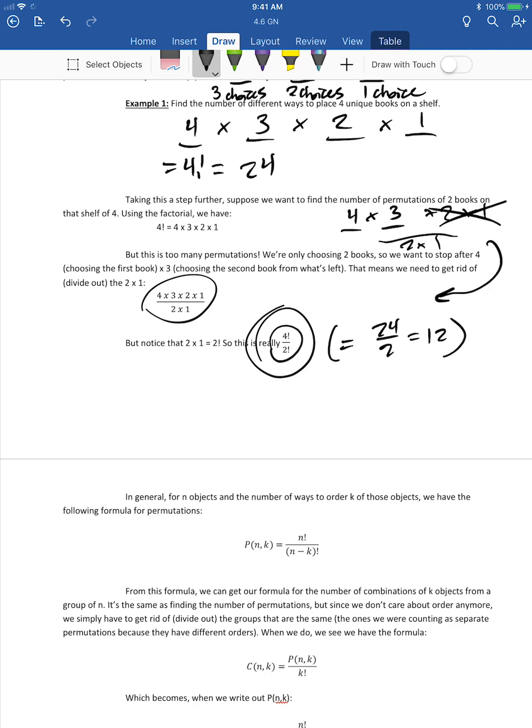Just like we found up here. I have the total number of permutations for n objects, and then I'm dividing out by like where I want to stop.